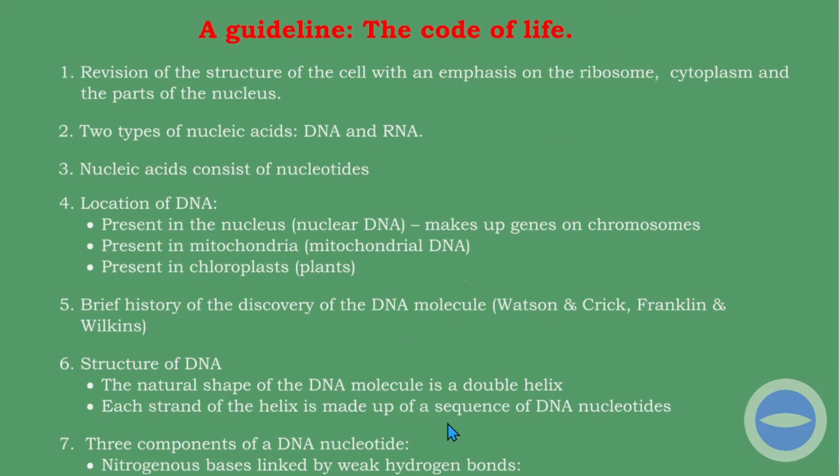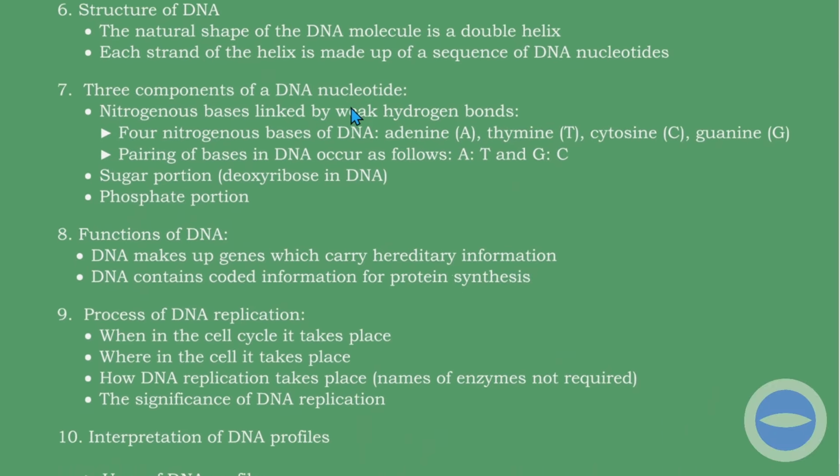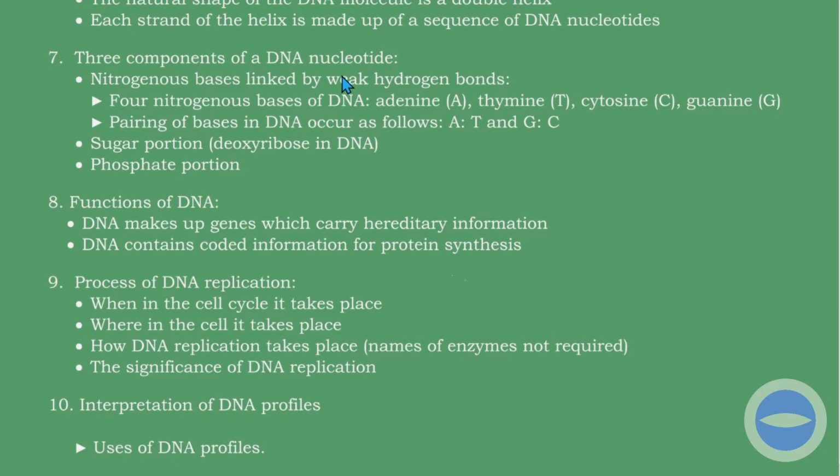And then we go to secret number 7. Number 7 says there are 3 components of a DNA nucleotide. We have the nitrogenous base, we have the sugar portion, and we have the phosphate portion.